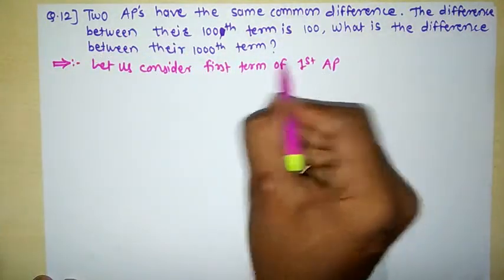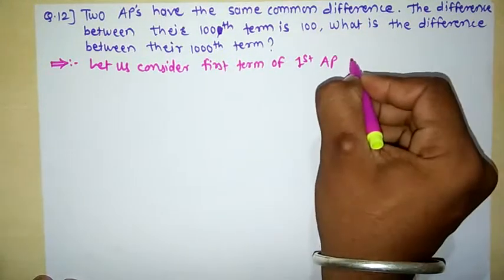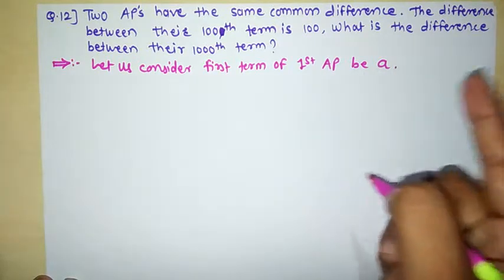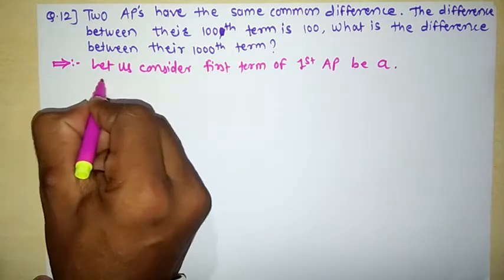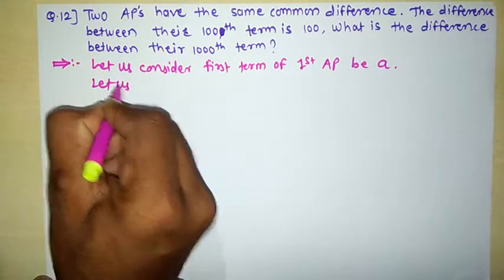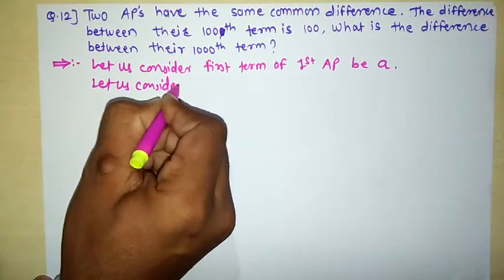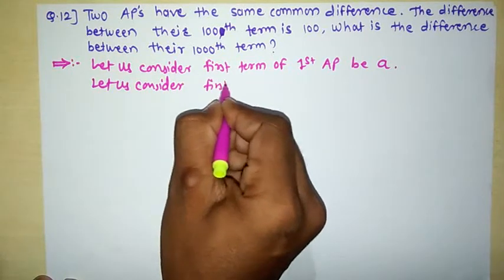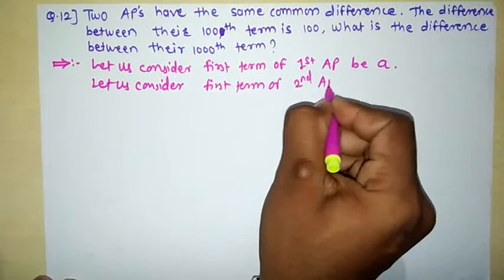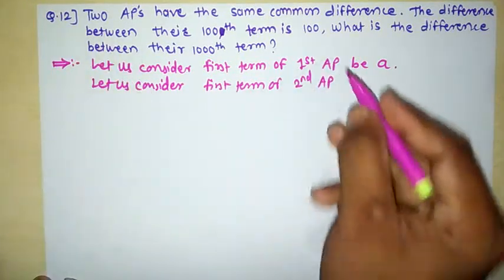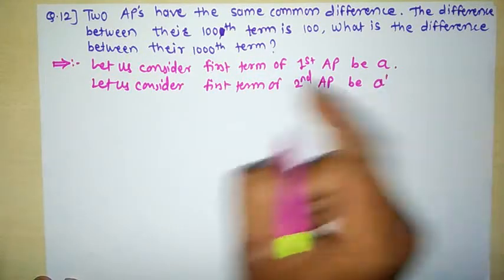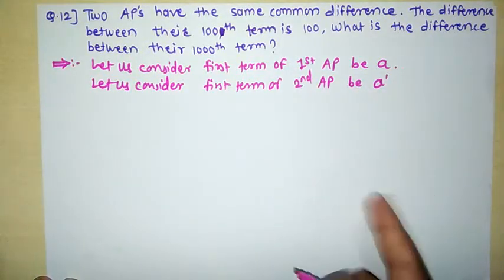We will assume the first term of the first AP be A. Similarly, let us consider the first term of the second AP, second arithmetic progression. The first term of the second AP be A dash.